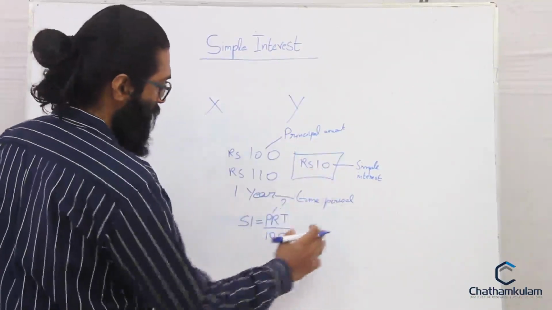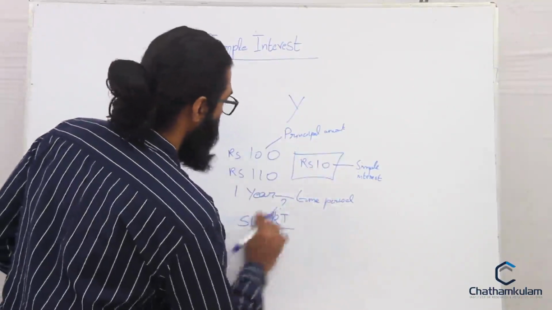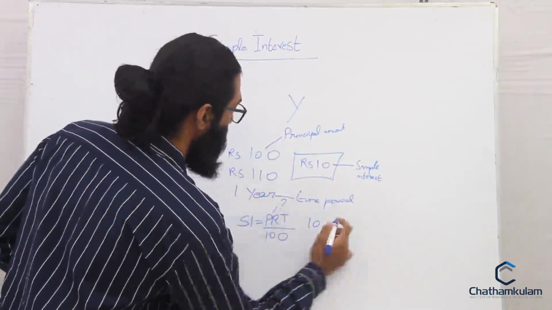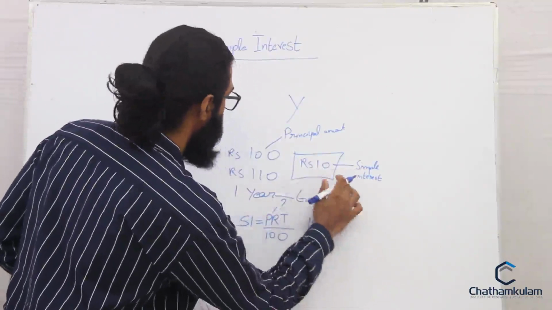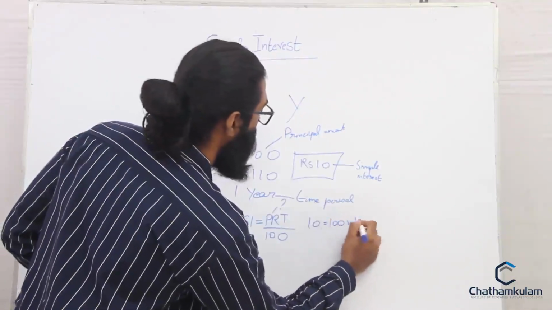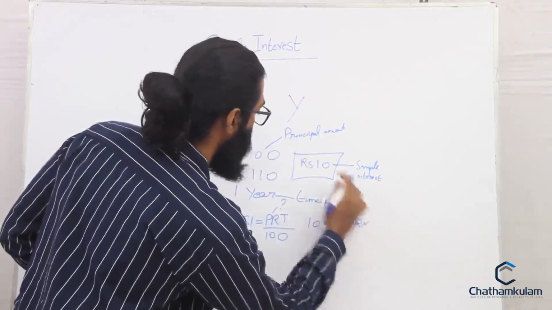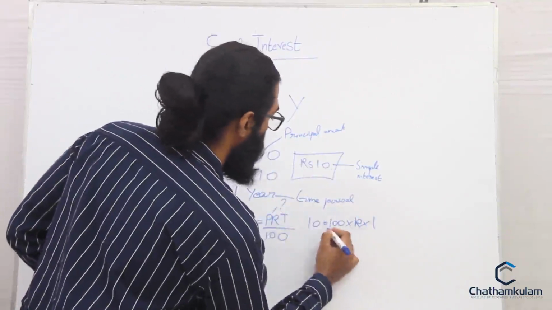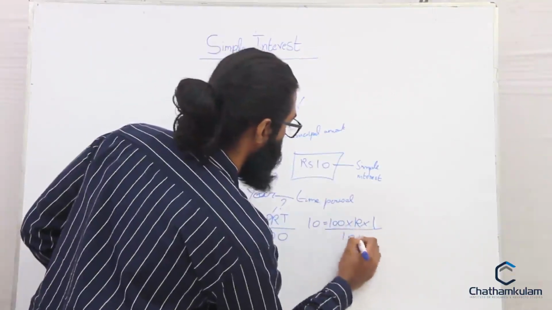and SI, that is simple interest, is rupees 10. So if we substitute the values here, we get 10 equals P, which is 100, into R, which we don't know, into T, the time period of 1 year, that is 1, by 100.